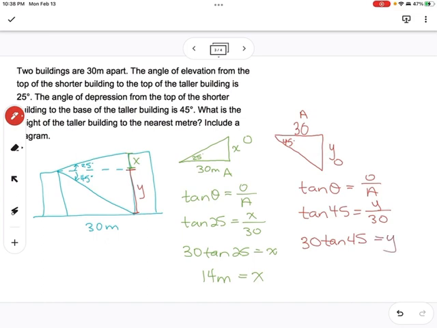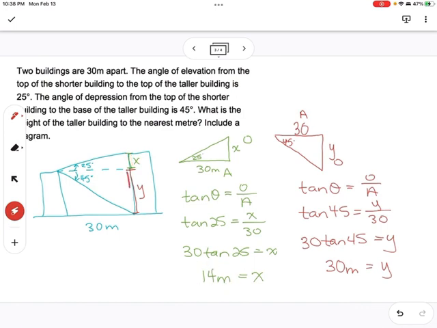In your calculator, 45 tan times 30, we get 30 meters. Okay, so we know the height of the top piece of the building is 14 meters.